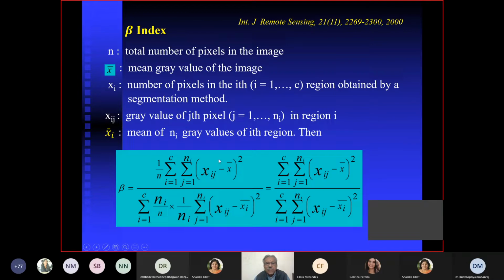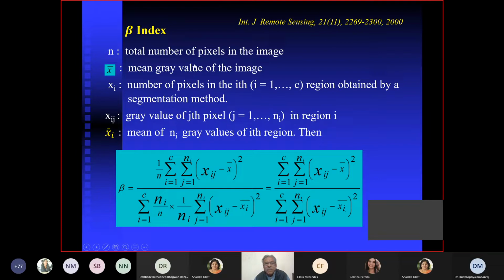Given the C number of regions, you compute this ratio. That means overall image regions, and for a particular class, the ith region, you compute the numerator. Similarly, you compute the denominator based on every ith region.